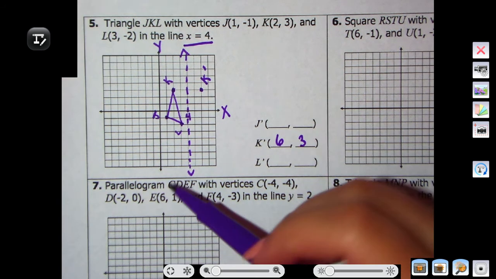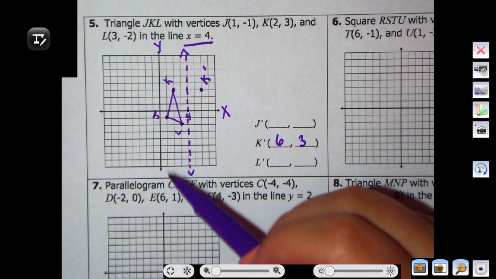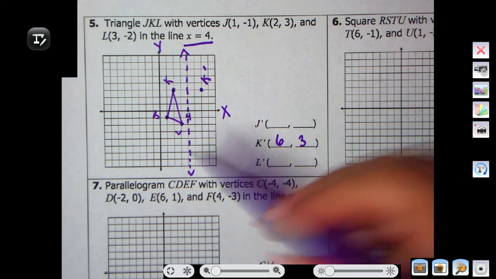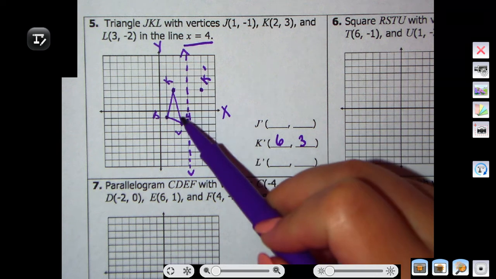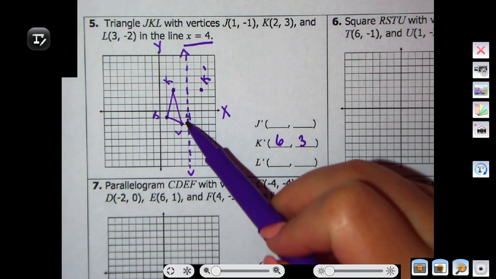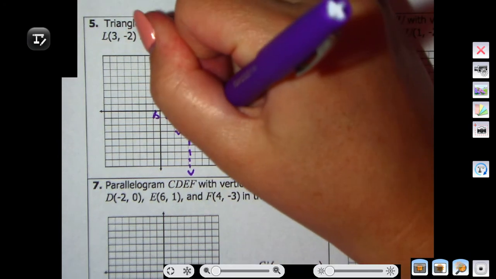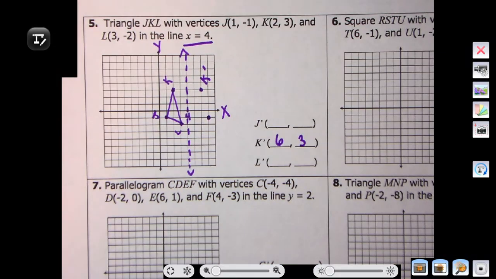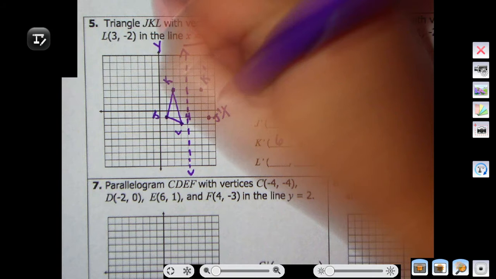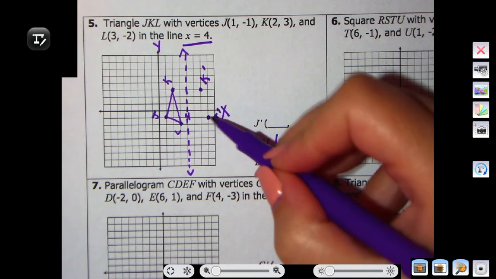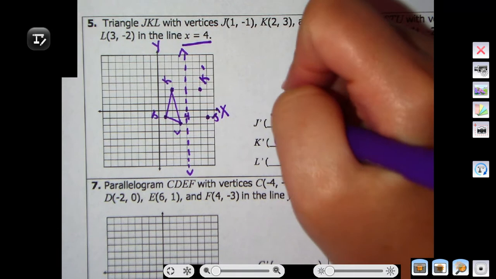So now let's reflect this point, J. So J is 1, 2, 3 units from the middle. So I'm going to go 1, 2, 3 units and put my point right there. And that's going to be J prime. So that point is 7, negative 1.